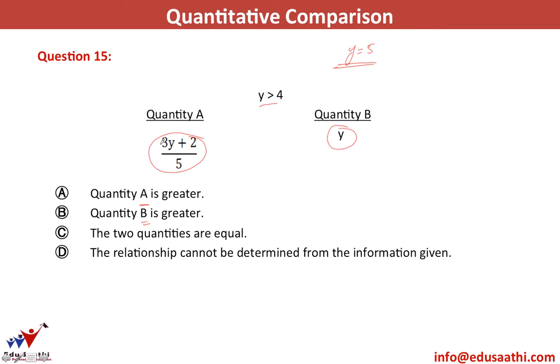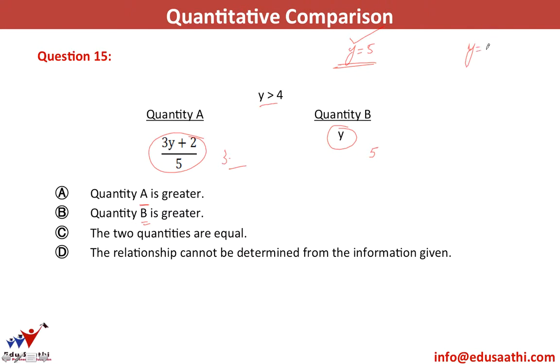Right? So if I put the value of y as 5, 3 into 5, 15 plus 2, 17 divided by 5. This is coming out to be 3 point something. And quantity B is anyways 5. Quantity B is greater than this. Let me take any other value.